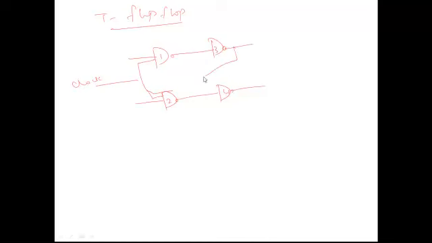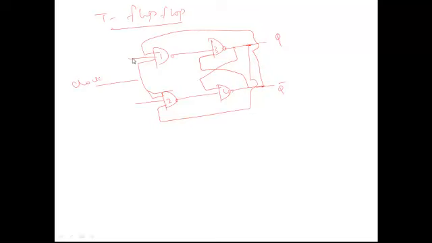This is the latch. The first output is Q, the second output is Q bar. This is the SR flip-flop. From this we have drawn the JK flip-flop by connecting the Q output as a third input to the second gate and the Q bar output as the third input to the first gate. This is the JK flip-flop.